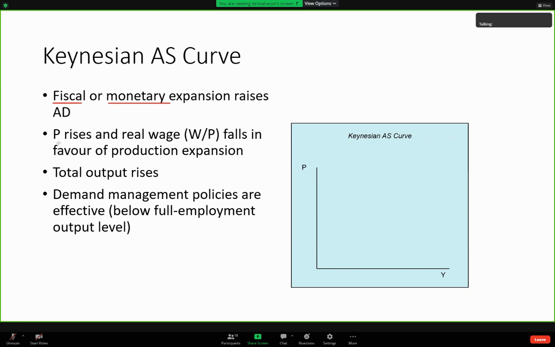And when the aggregate demand goes up, the price level rises. When the price level goes up, you can see the real wage, W over P, should fall now because the denominator is going up.